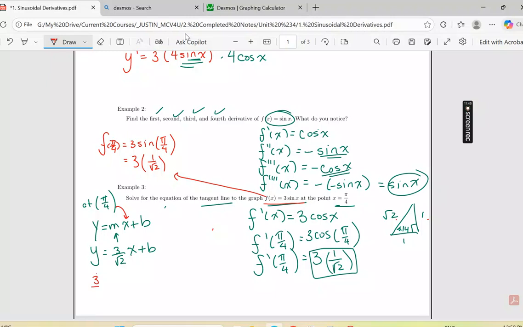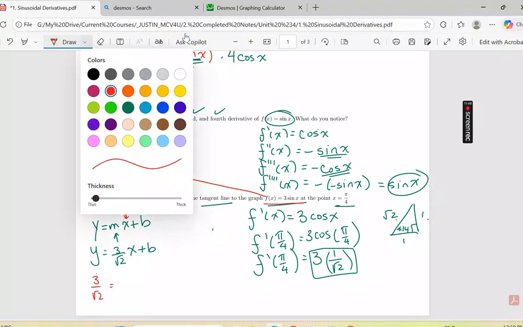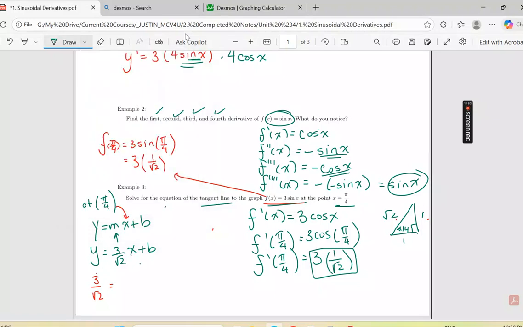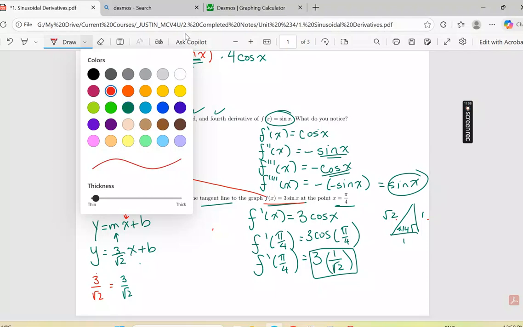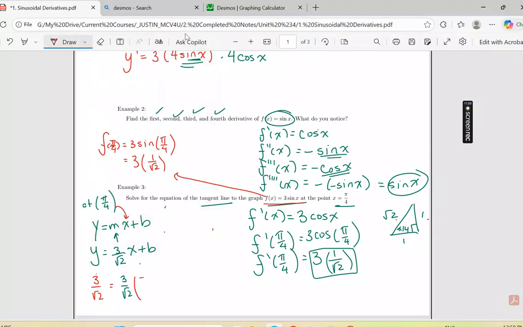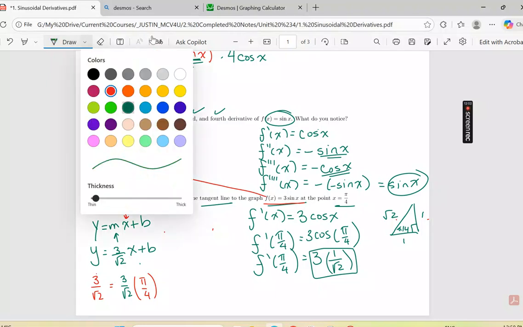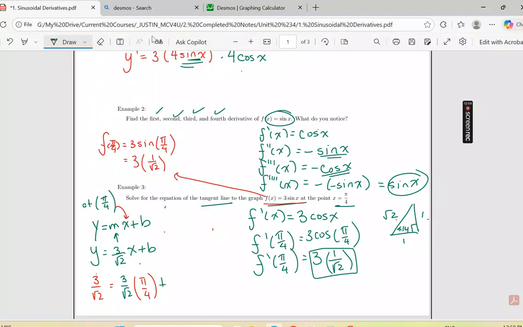So my y value is just 3 over root 2, which is equal to the slope, 3 over root 2, times the x value, pi over 4, plus b. So our job now is to find b. Well, all I need to do is rearrange this.